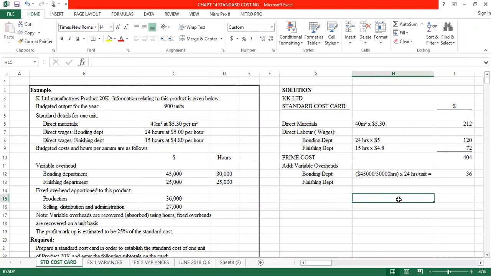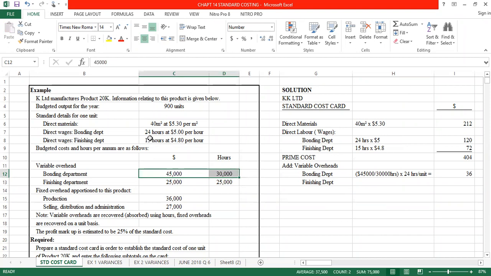Next, you go to the finishing department. For the finishing department, you repeat the same procedure because you are being told your variable overheads are recovered using hours. You divide by the total number of hours in a year, and then find out how many hours are used to make 1 unit.